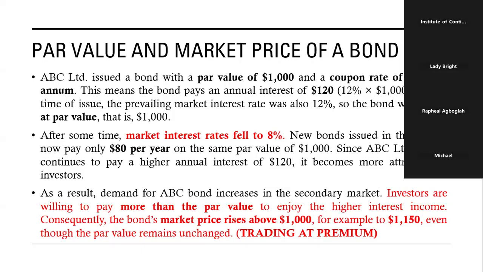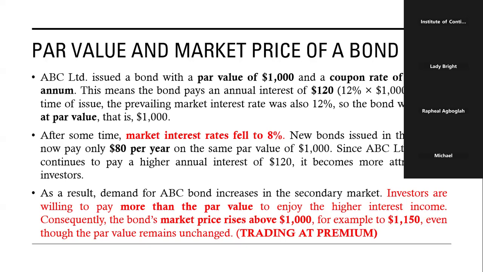This automatically makes ABC very attractive trading in the secondary market. And people will be willing to pay more to have ABC, even at a rate of, if ABC decides to sell for 1,150.